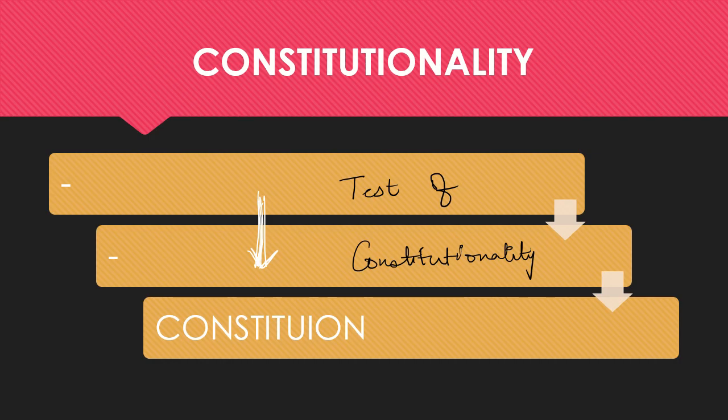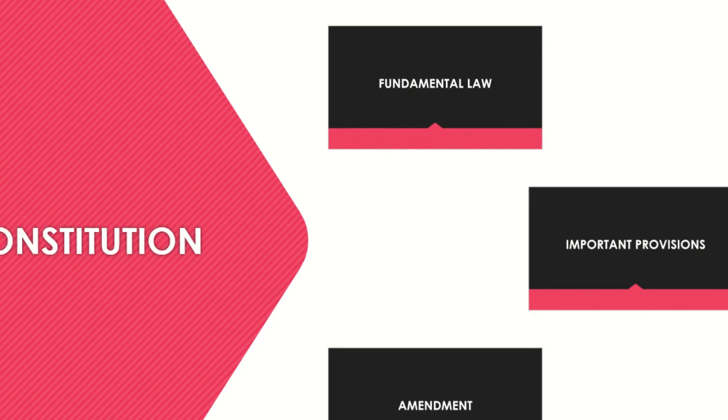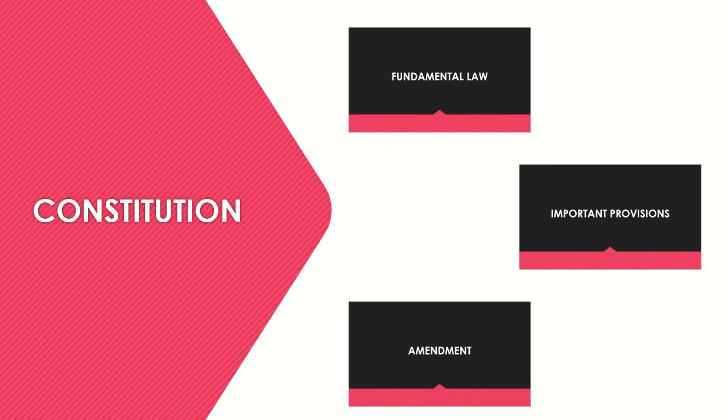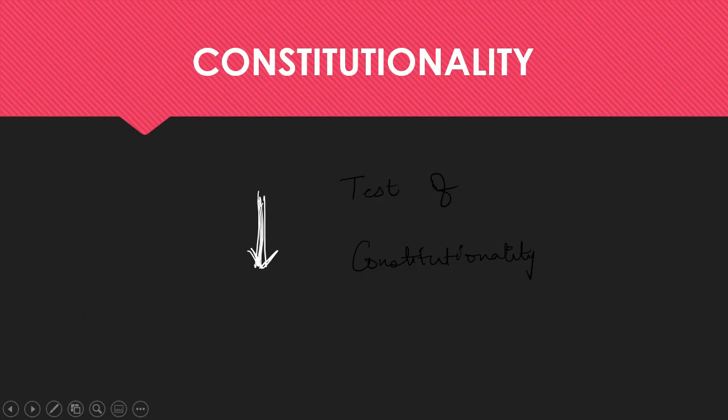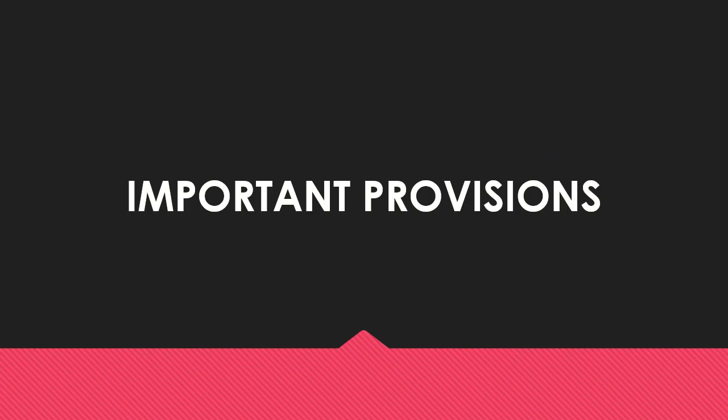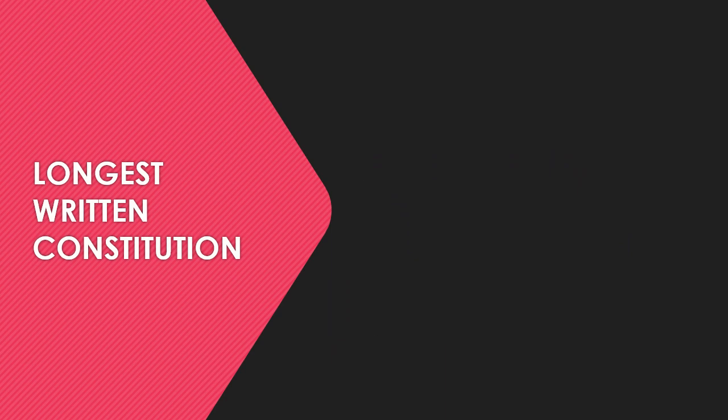Next, I was to talk to you about some important provisions. As you can see, there were three things that we were to discuss about the Constitution. So now I'll talk about some important provisions in the Constitution, right? Let me tell you why we need to talk about them. The Indian Constitution is one of the longest written constitutions of the world.